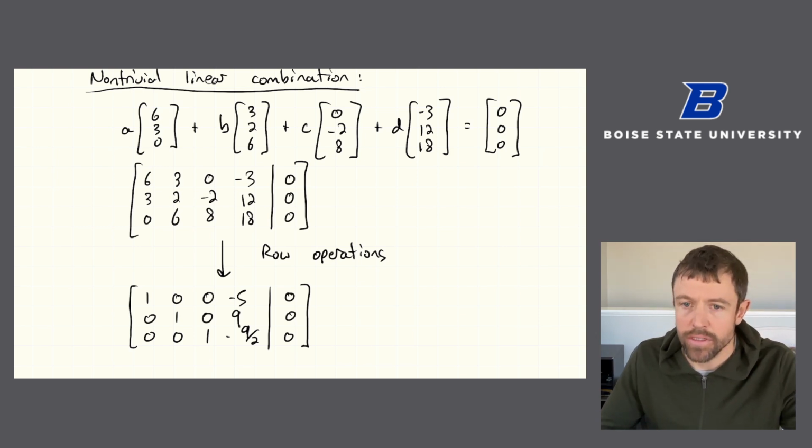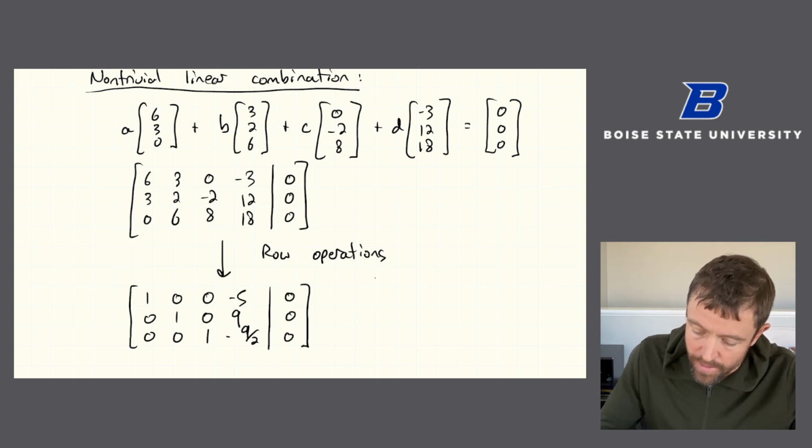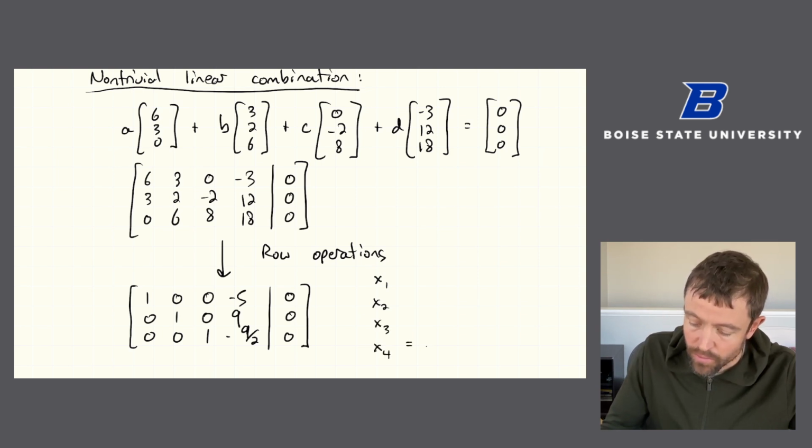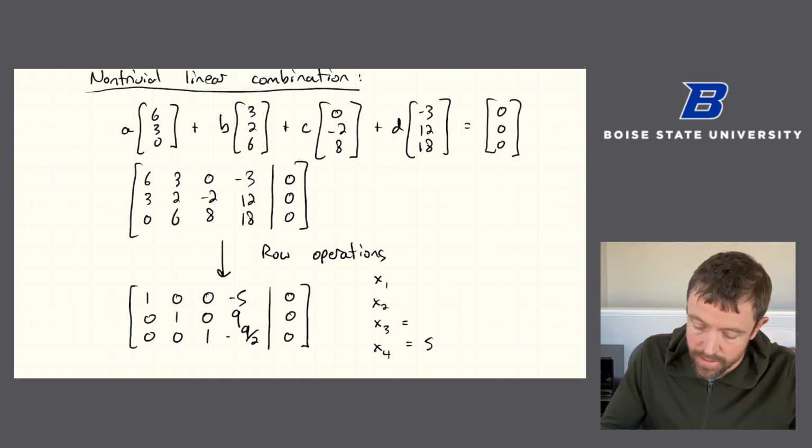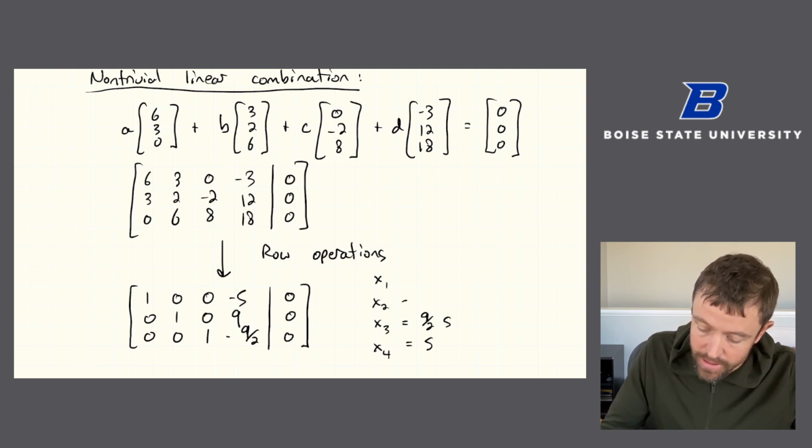The set of solutions to this is, well, we have x1. If these are our variables, x1, x2, x3, and x4, x4 is a free variable, right? So we'll call it s. x3 is 9 halves s. x2 is minus 9s.